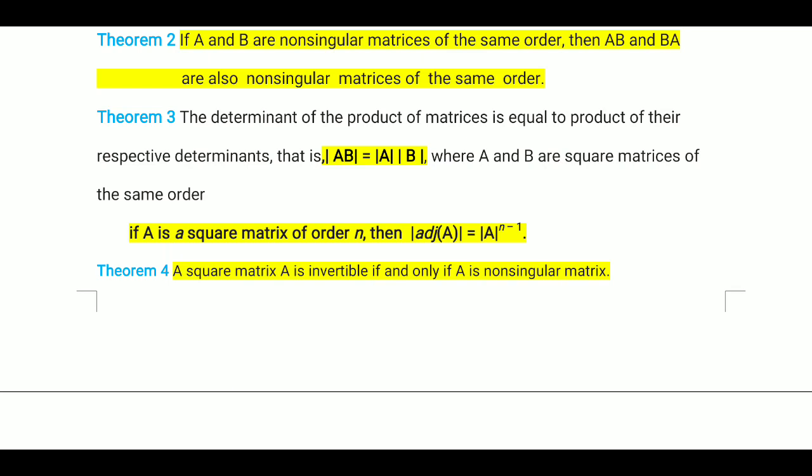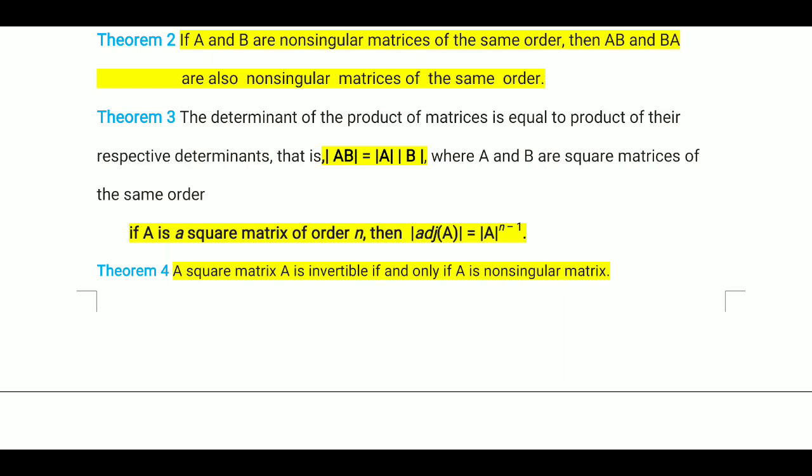Determinant adjoint A is equal to determinant A power n minus 1, where n is the order of the given matrix. And this is also, determinant A into adjoint A is equal to determinant A power n.